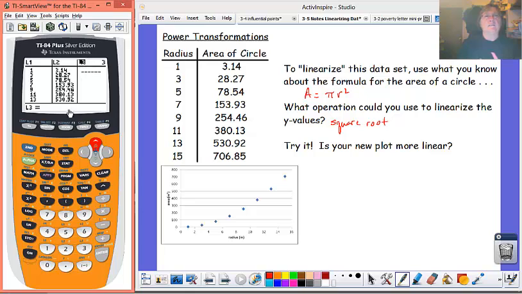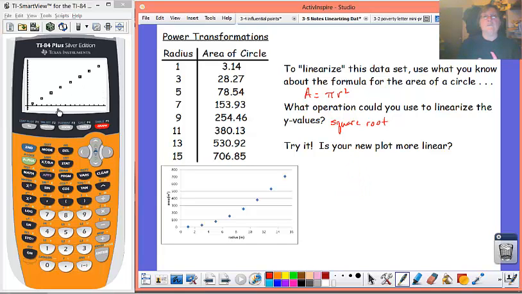So let's make our list 3 equal to the square root, so second and the x squared key, and we want the square root of list 2. And we should check a plot. So let's get our scatter plot set up to look. And it is looking at 1 and 3. I'm going to cheat and use the zoom 9 window. Oh, yep, I'd say that's a little bit more linear.